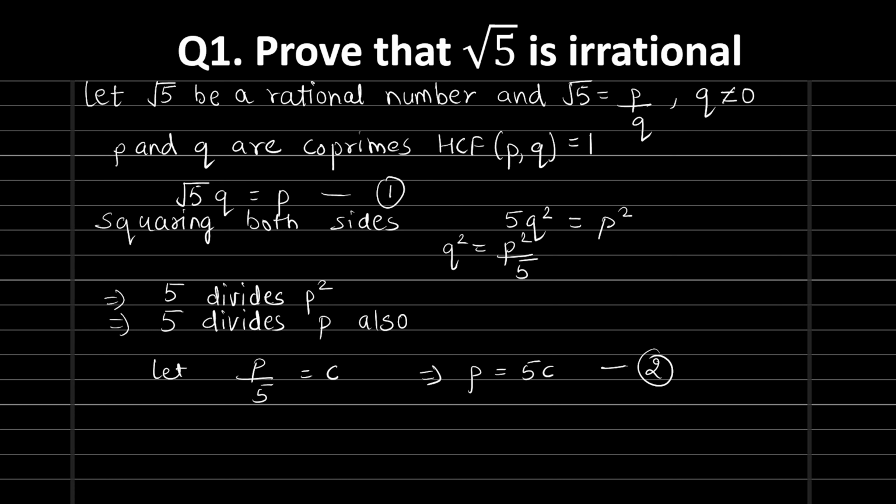Mark it as your equation 2. Now this value of p that you have got, you have to substitute it in equation 1 from equation 2. So we'll write down, put value of p from equation 2 in equation 1.